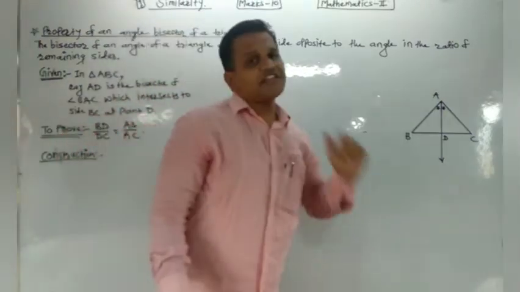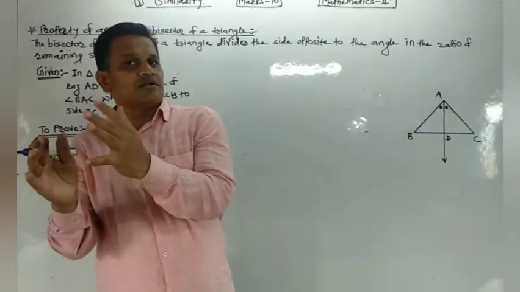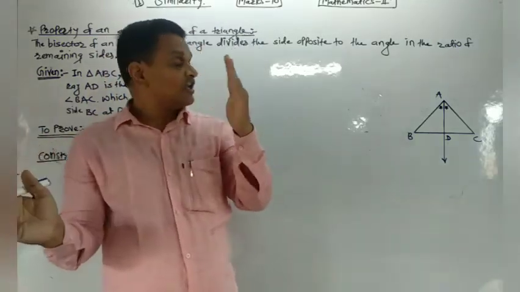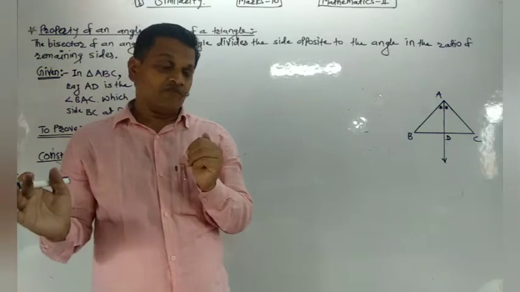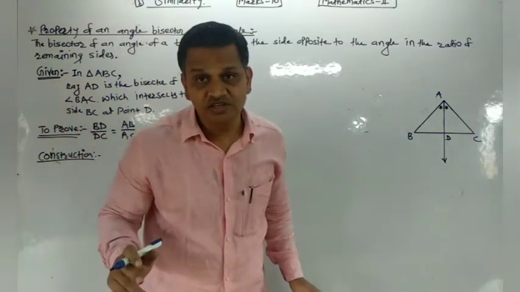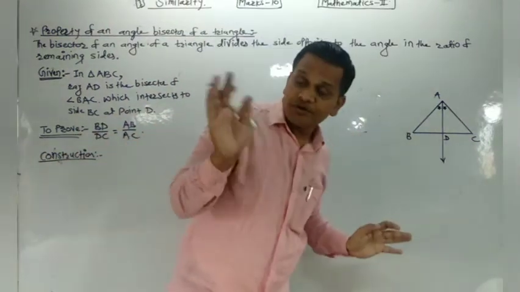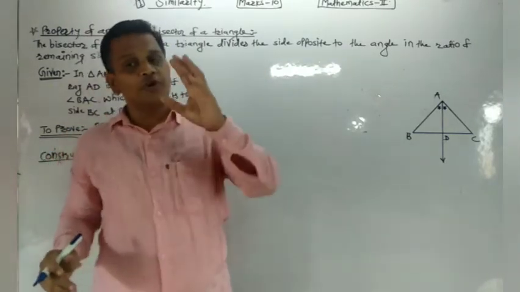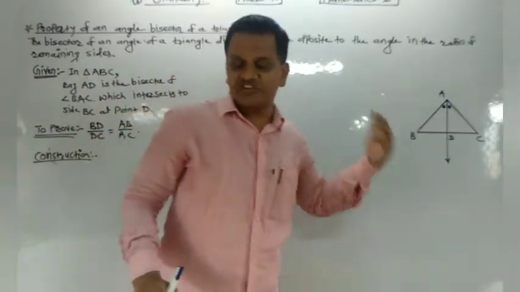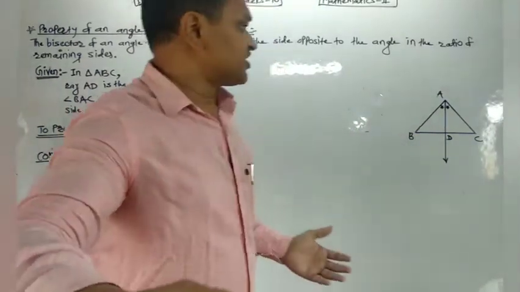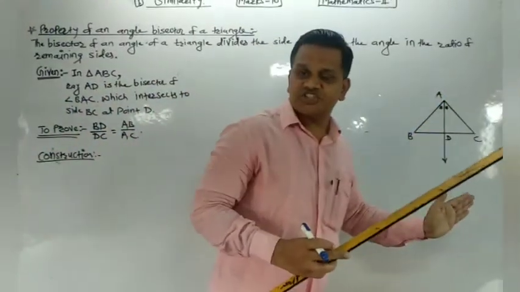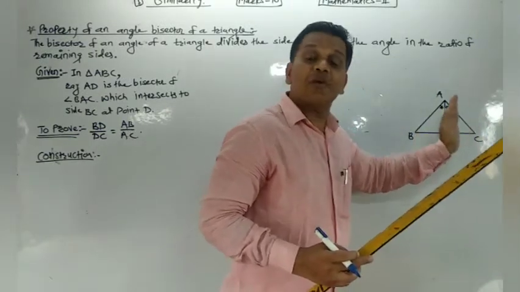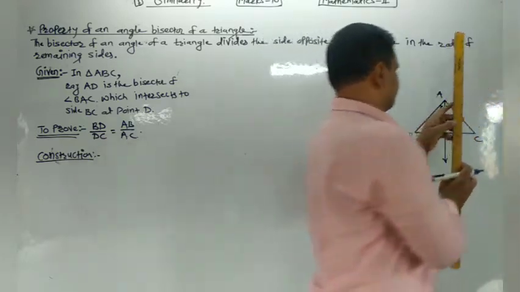To use the BPT theorem, we must have a triangle and a line parallel to a side of the triangle, which intersects the other sides in two distinct points. But here there is only a triangle, and no line parallel to a side of the triangle. For that I am going to do some construction. I am going to draw a parallel line passing through the point C, which is parallel to ray AD.